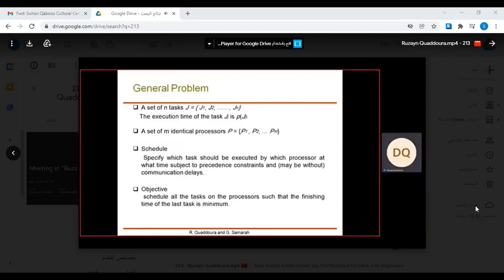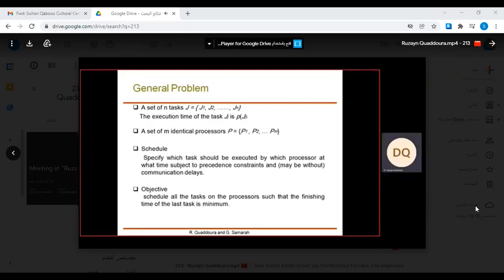The general scheduling model consists of a set of n tasks to be executed on a set of m processors. Each task j is characterized by its processing time. Several criteria can be found in the literature to schedule the tasks on processors.